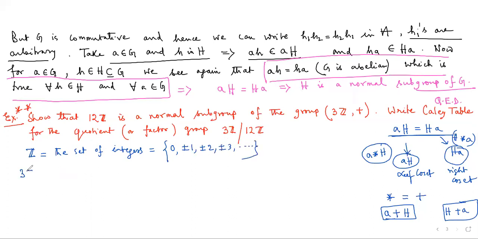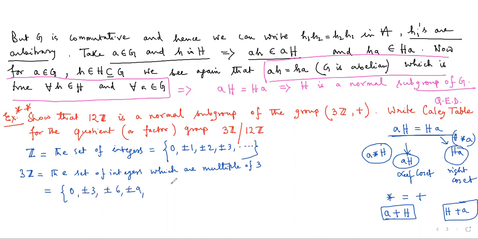What is 3Z? 3Z is the set of integers which are multiples of 3. So the elements of 3Z will be 0, plus minus 3, plus minus 6, plus minus 9, and so on.